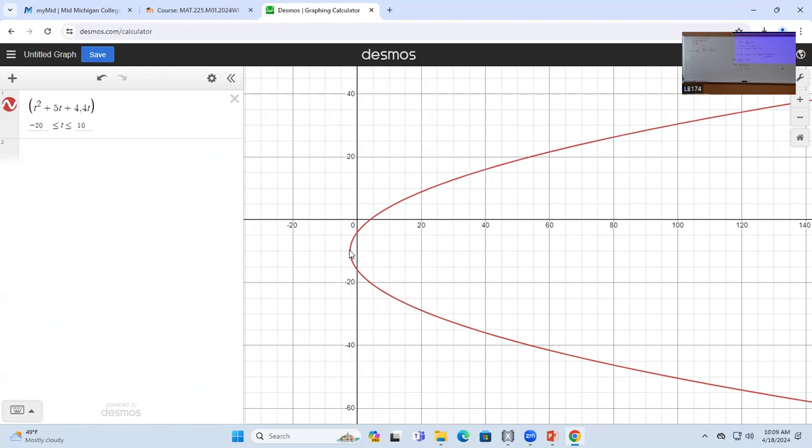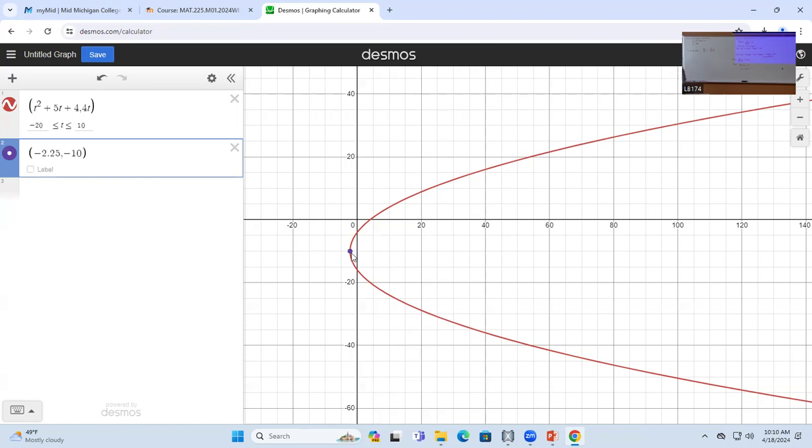But at this point here, when you plug in -2.5, by the way, that point is -2.25, comma, -10.